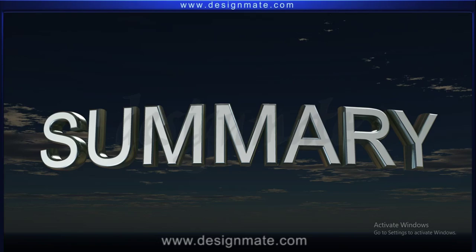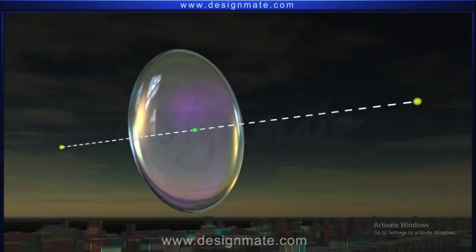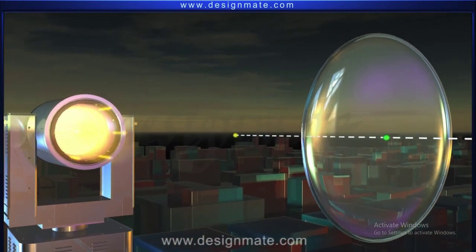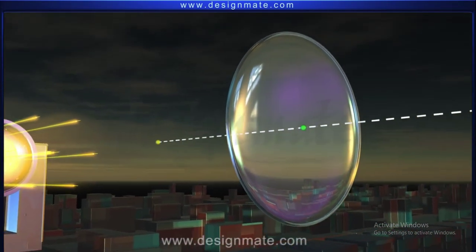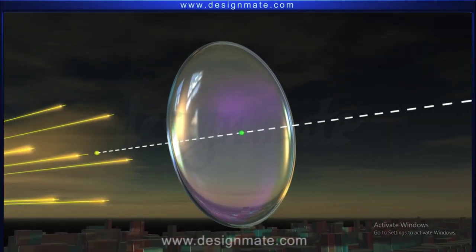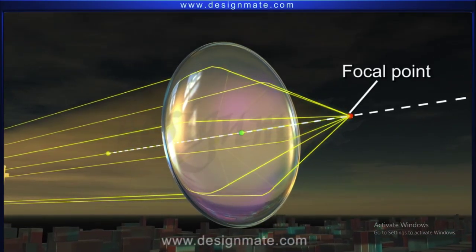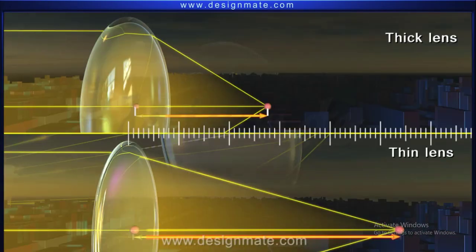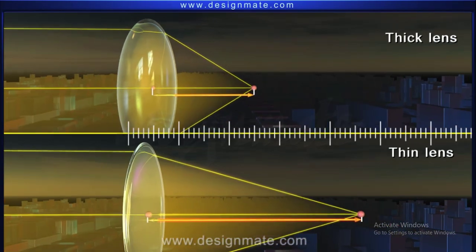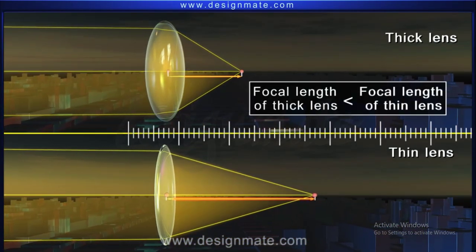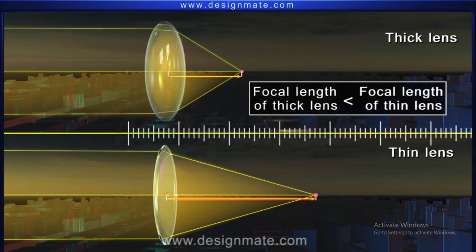To summarize, we've understood that light rays parallel to the principal axis and incident on one side of the convex lens undergo refraction and converge at a point on the principal axis on the other side. The focal length of a thinner lens is greater than that of a thicker lens.